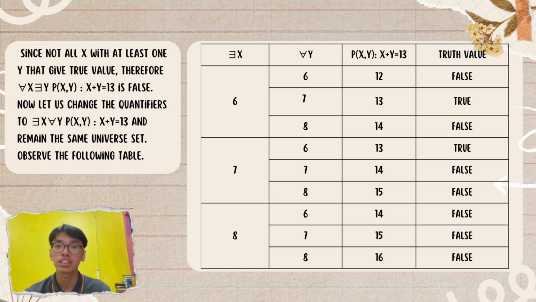Now, let us change the quantifiers to for some x, for all y, P(x,y) such that x plus y is 13, and keep the same universe set. Observe the following table beside. As we can see at the table, we still get 2 truth values, which is 13: 6 plus 7 equals 13 and 7 plus 6 equals 13 only.